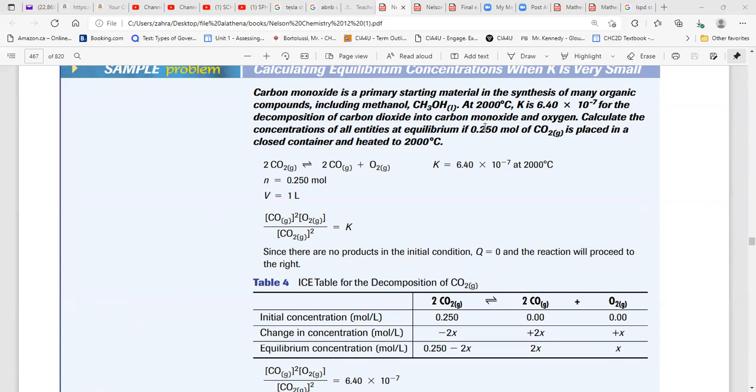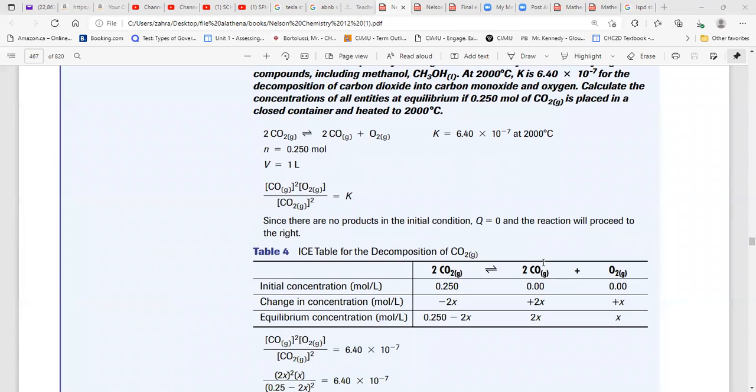So we turn this into molarity. You place that in a 1 liter container, so it's simply 0.25 divided by 1, which is 0.25. We do not have any concentration of CO or O2, so of course it's going to be 0, because no concentration of that is given.